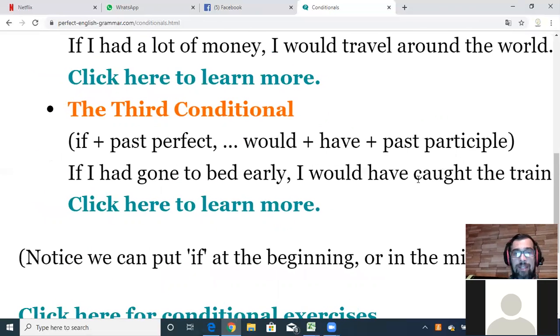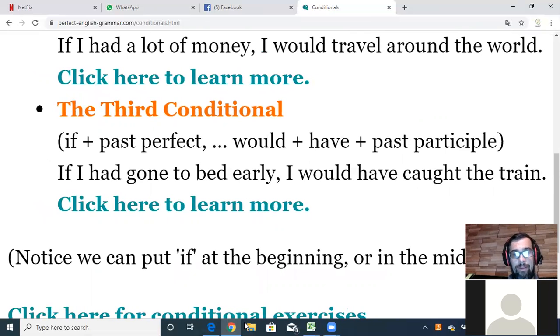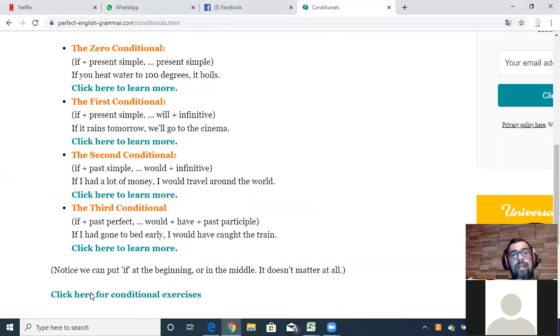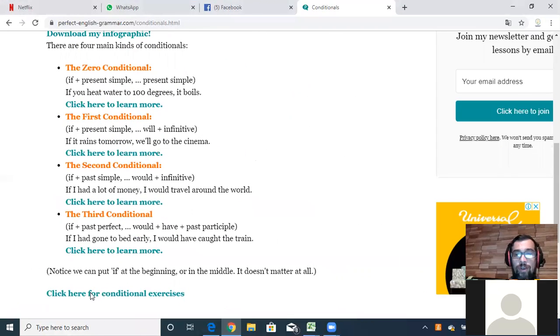Can you give me a very quick example for this one? If I have done my homework, I will have passed the exam. Correct. That's also correct. So in general, these are the conditionals.